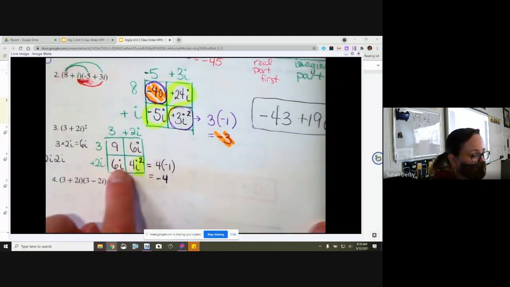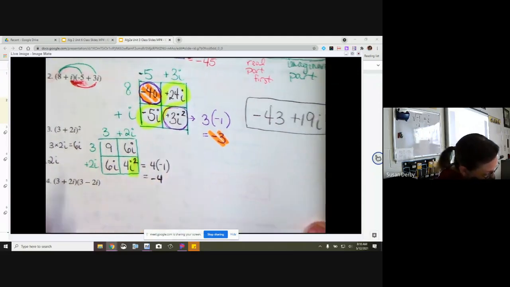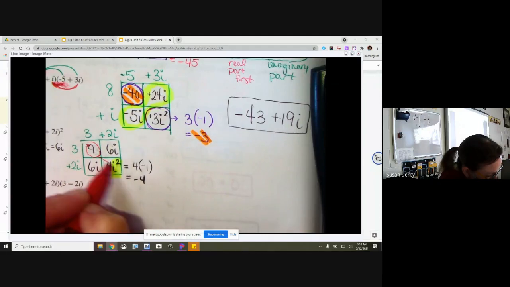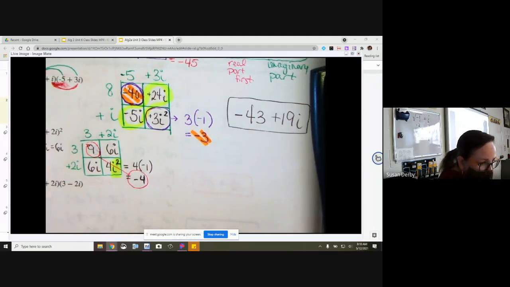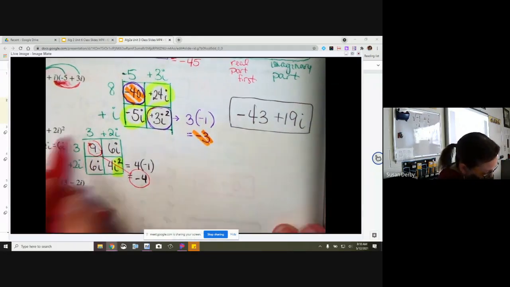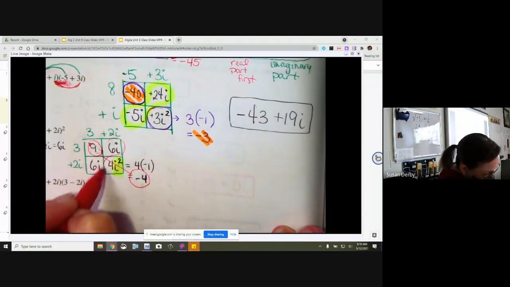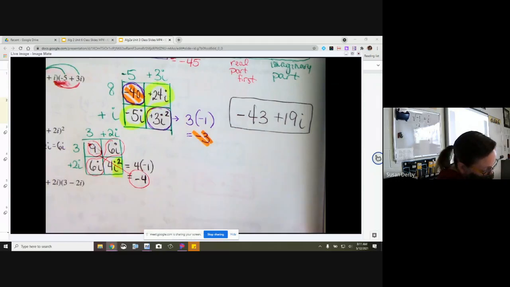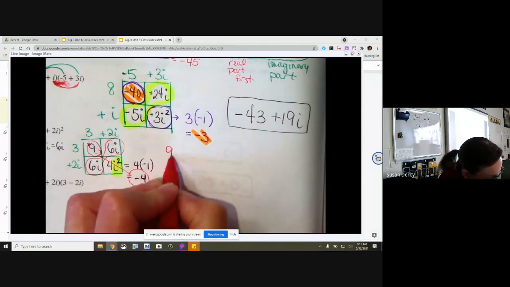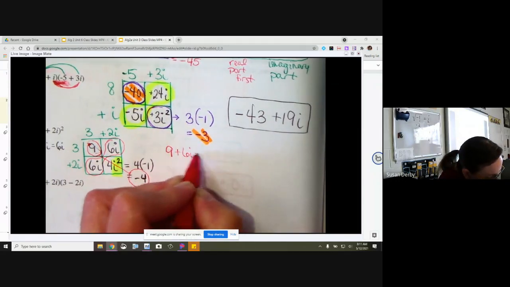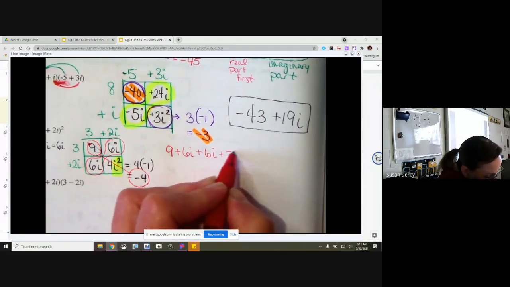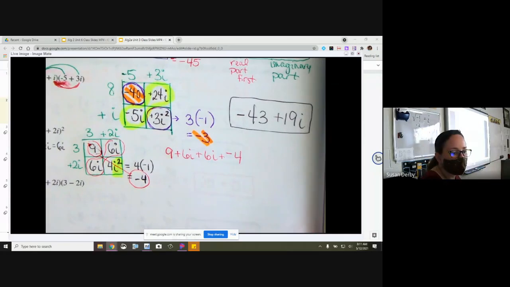So I need to now add up all of my values inside the grid. If you like working on that diagonals like that, we're going to add up our 2 like this. And we're going to add our 6i and 6i. Now, if you like just filling in everything in the grid and then bringing it off to the side and knowing that we're just going to add everything together, take any negative signs with you.